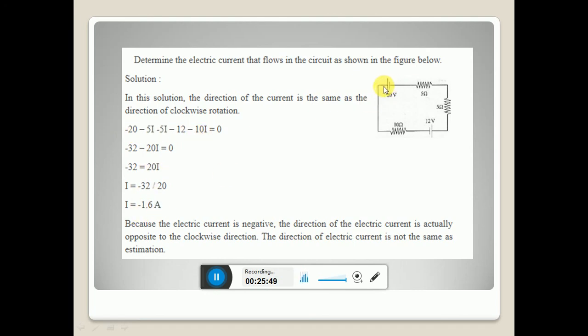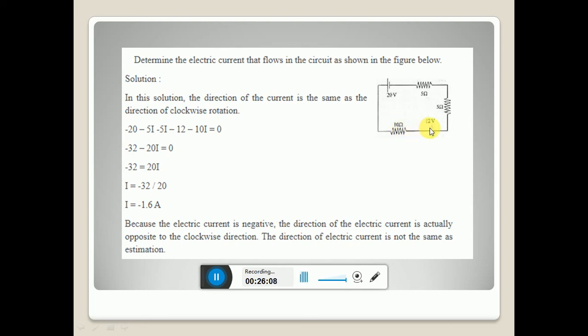If you start the calculation from this 20 volt battery in the anti-clockwise direction, then this 20 will be plus, so 20, and for the 10 ohm resistance, plus 10I.